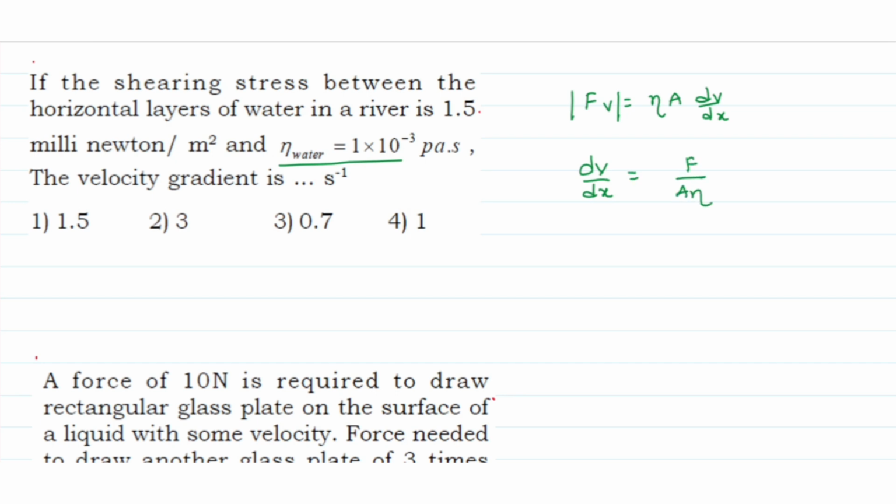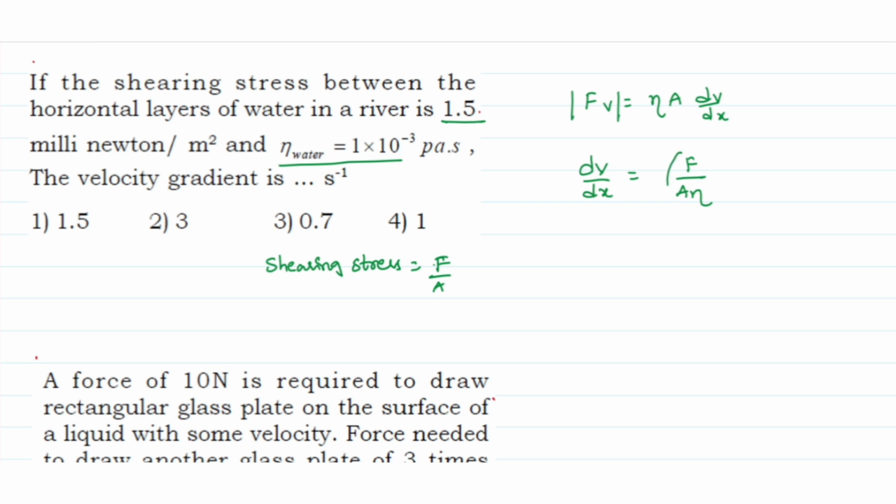The shearing stress acts along the tangential surfaces; it is the force acting per unit area along the tangential surface. The viscous force is a tangential force. The force per unit area is already given as 1.5 millinewton per meter square.